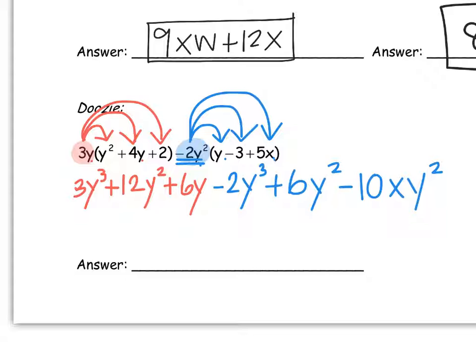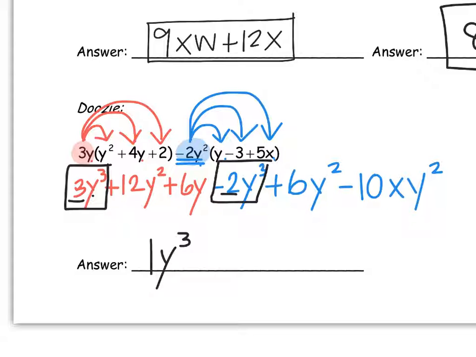Alright, now our final answer, we have to pay attention and look for like terms. Like terms from the previous topic have the same variable and the same exponent. So variable y exponent 3, variable y exponent 3. 3 is also my highest exponent, so I'm going to write that first. So I do 3 minus 2 and I get 1y cubed.